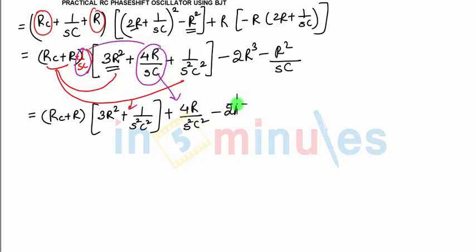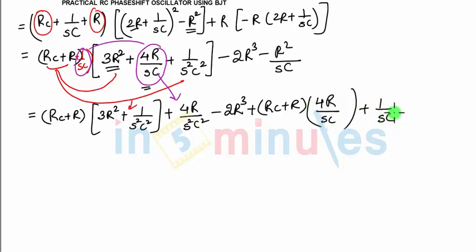Then minus 2R cube plus RC plus R, we have not multiplied this with 4R S into C. So this is how we get plus 1 upon S into C. This 1 upon S into C we have not multiplied with 3R square and 1 upon S square C square. So multiplied by 3R square plus 1 upon S square C square and minus R square upon S into C.